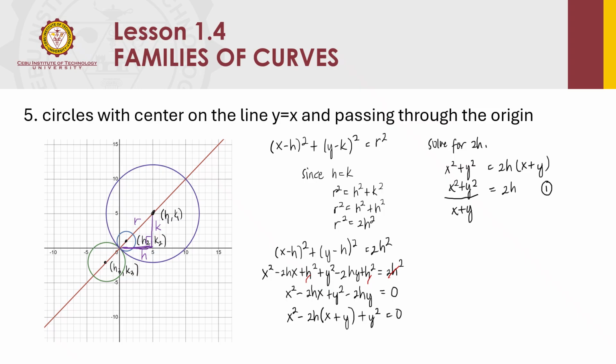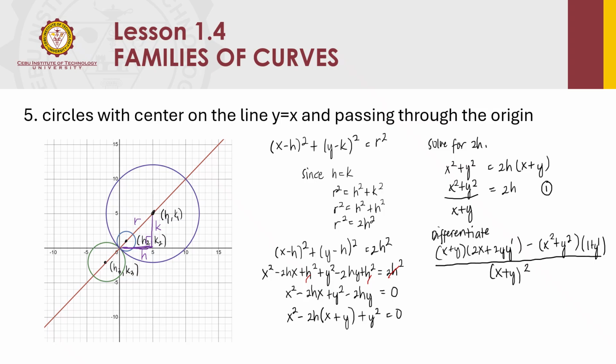If we differentiate, we eliminate the arbitrary constant. By the quotient rule, we have (x plus y) times (2x plus 2y prime), differentiating in terms of x, and then minus (x squared plus y squared) times (1 plus y prime), all over the square of x plus y, and the right side is 0.